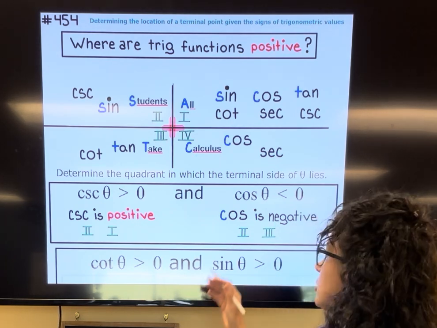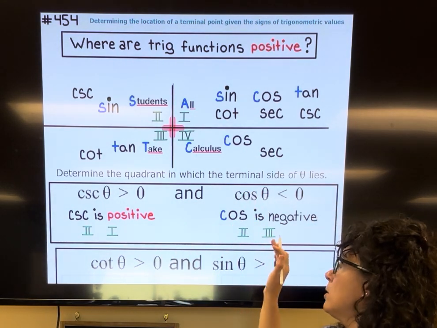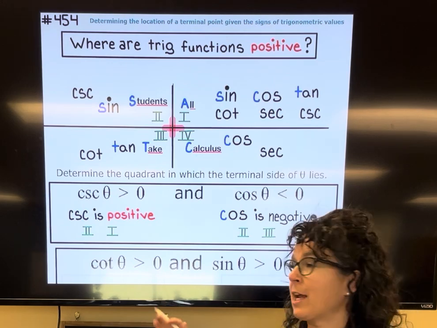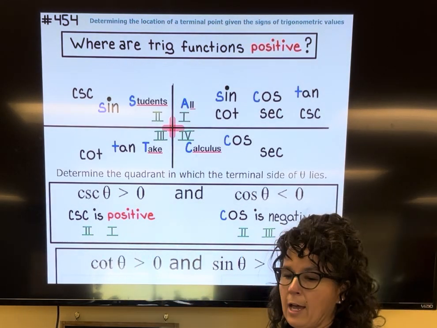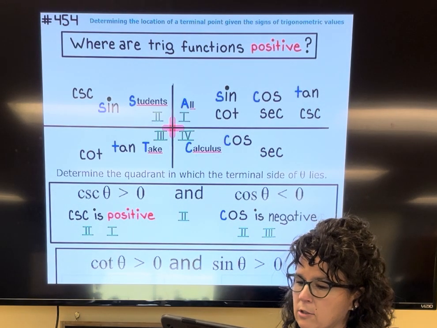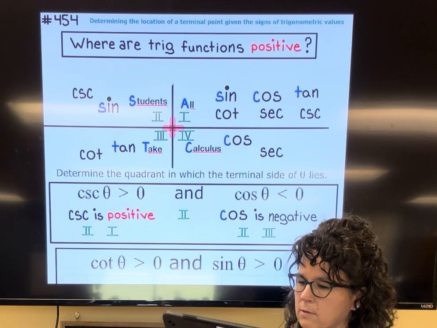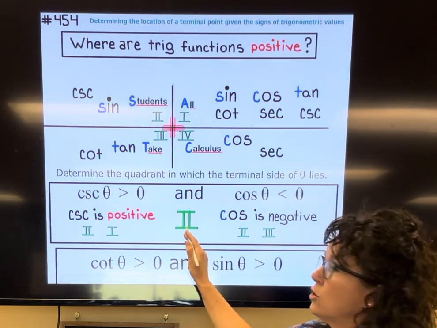And so our angle, it's got to make both of these true. So the only quadrant that we could have as our answer, the quadrant that makes both of these statements true, is they both have 2 in. So the answer for this one is going to be quadrant 2.